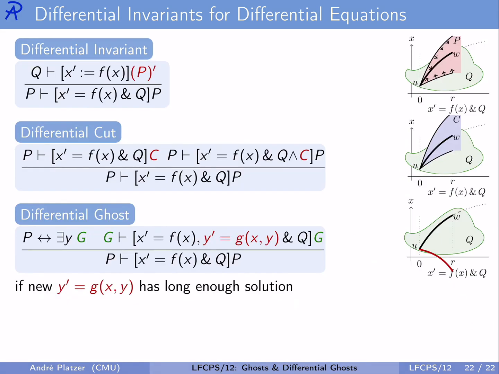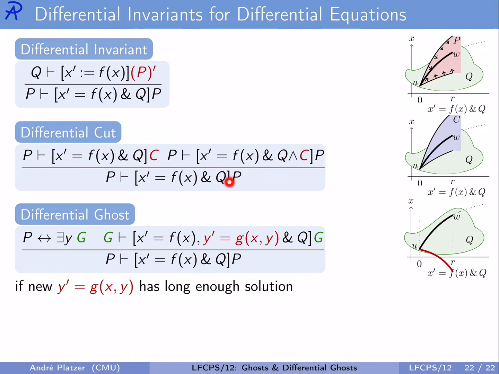Here are the proof rules summarizing what we've now seen. Differential invariants prove postconditions to be invariants by proving the differentials to be true after assignments of the right-hand side of the ODE to the left-hand side of the ODE in the evolution domain constraint.